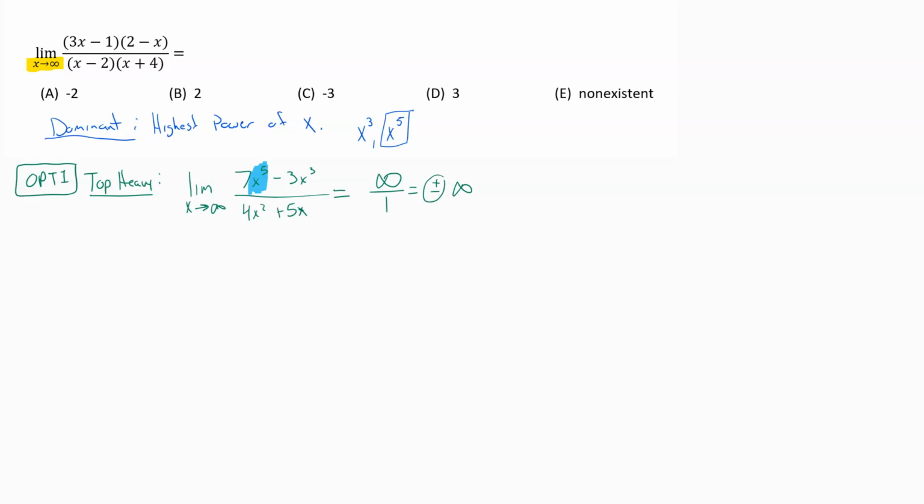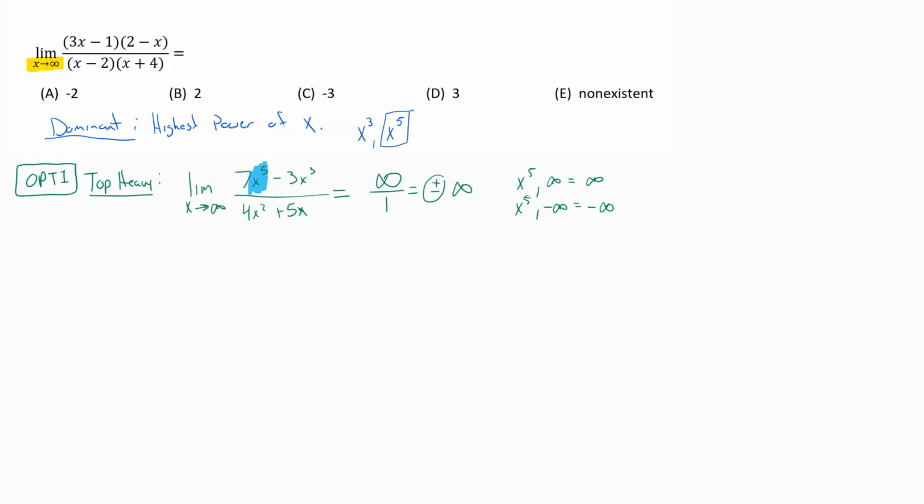To do that, you just want to look at your highest power. If it's x to the fifth and you're working towards positive infinity, the sign doesn't change, and so that heads to infinity. If you've got x to the fifth and you're headed to negative infinity, in that situation the negative is going to stick around, because anything to an odd power keeps its sign.